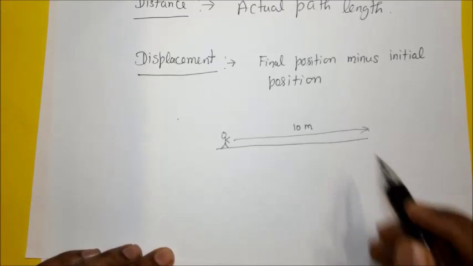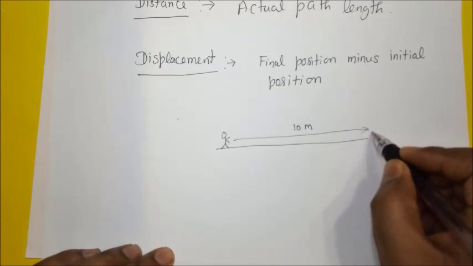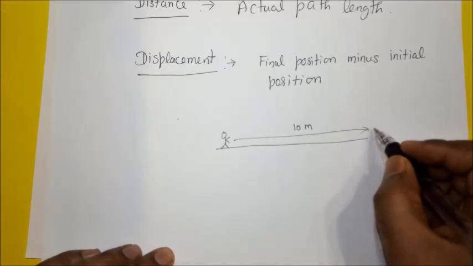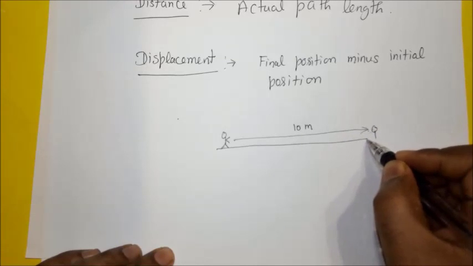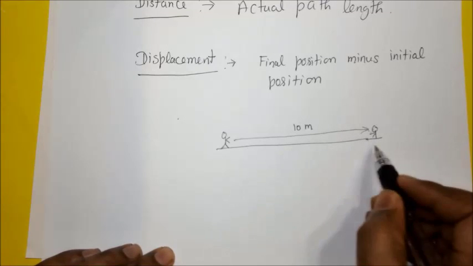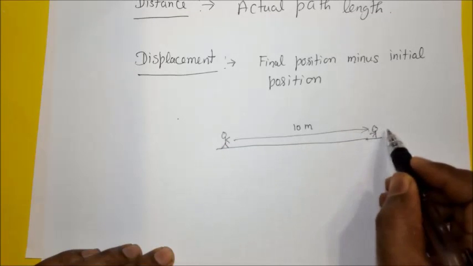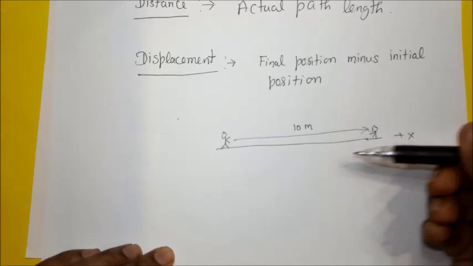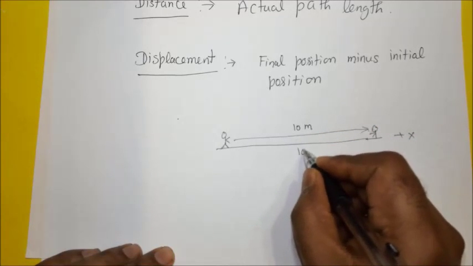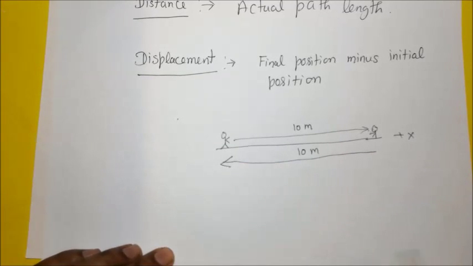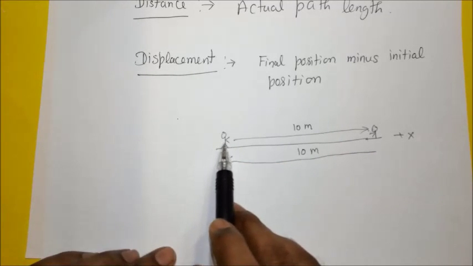Alright, now see what happens. If someone comes here and then walks back 10 meters, so he is coming this way 10 meters in the plus x direction and going back 10 meters in the minus x direction. Now how much is the total distance?